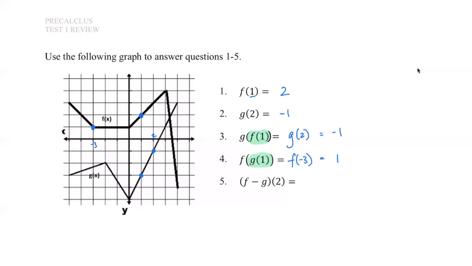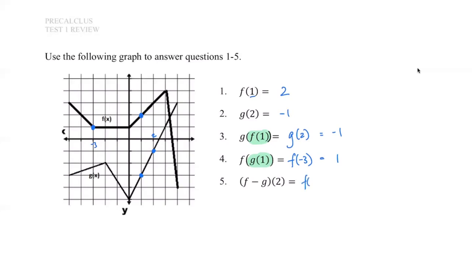So if you look at these four questions, they are not difficult at all. I hope you don't feel that they're difficult at all. It's just a matter of whether you understand the notation. Questions 3 and 4 could be a little bit more challenging, but as time goes, I'm sure that you'll be very comfortable with it. And number 5, f minus g of 2, I hope you know what it means.